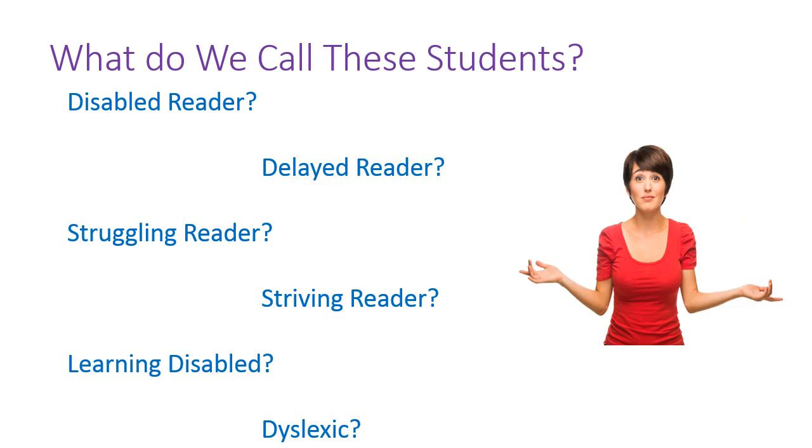So these are the students who have adequate intelligence, and there's no biological reason why they would have difficulty reading, but their upbringing has maybe had limited vocabulary development, limited life experiences, limited exposure to text and to language, so that they lag behind their peers in their reading development.